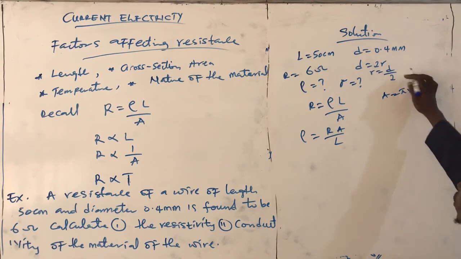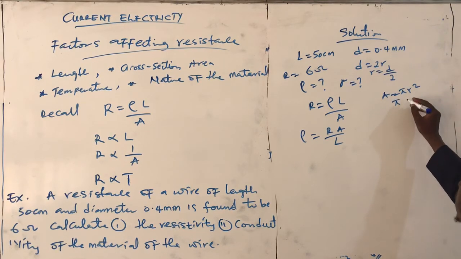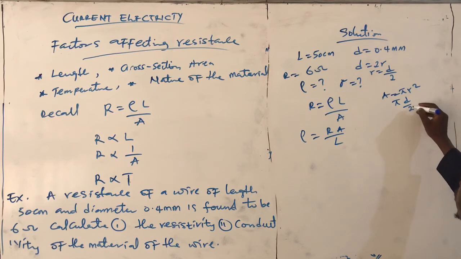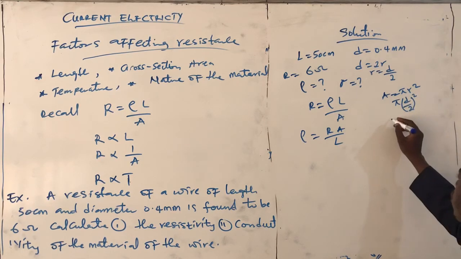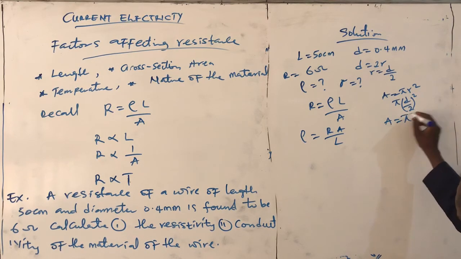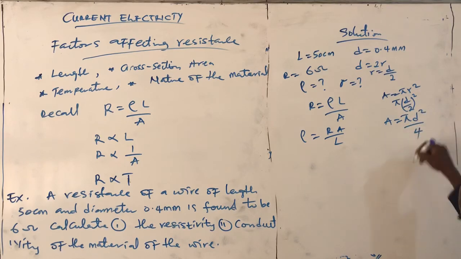But r is equal to diameter over 2, so area is pi times d over 2 squared, which is the same as pi d squared over 4.